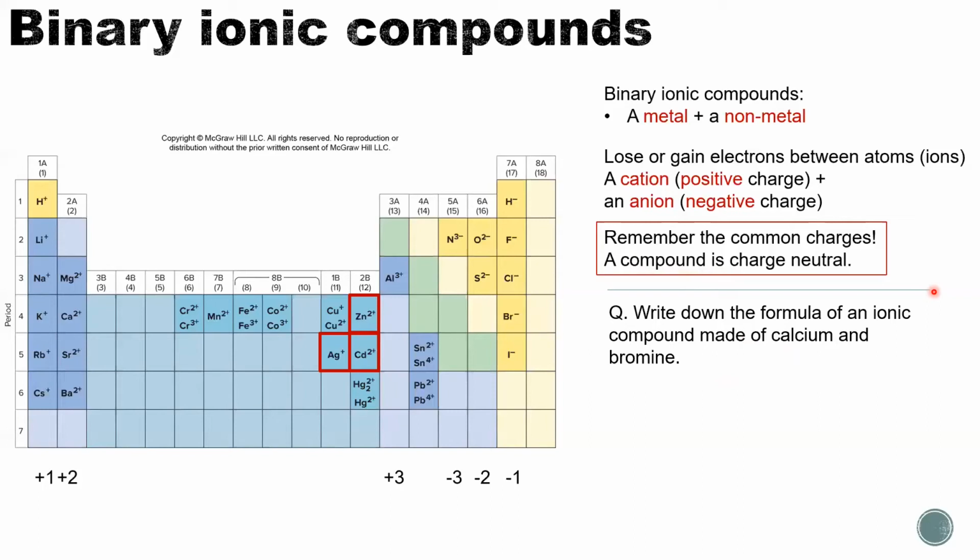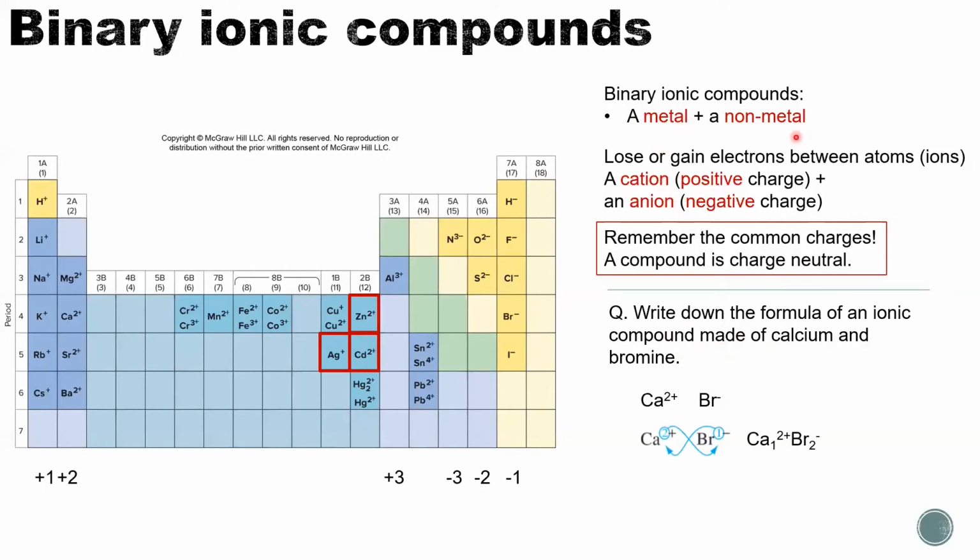First, we need to write down these two elements or two ions with their common charge. Calcium is here, it is 2+. Bromine is here, it is -1 charge. When we put them together, cation first, anion later.